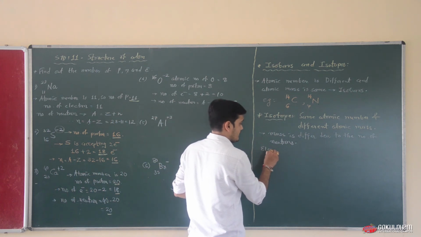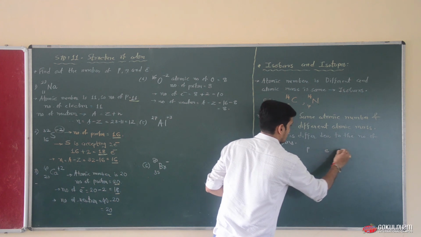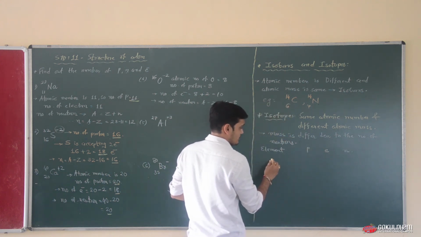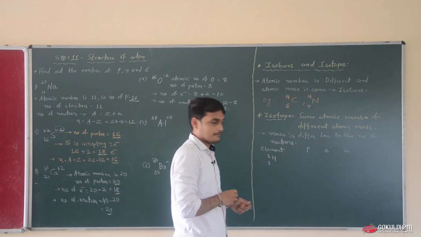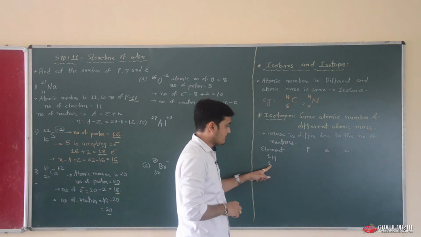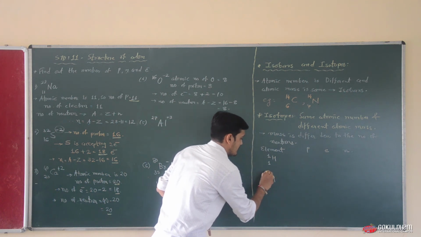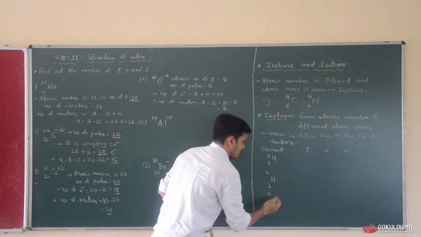Here we are taking one example, element, proton, electron and neutron. Element is hydrogen. We are taking the examples of three isotopes of hydrogen. First isotope 1H1, the second isotope 1H2 and the third isotope 1H3.